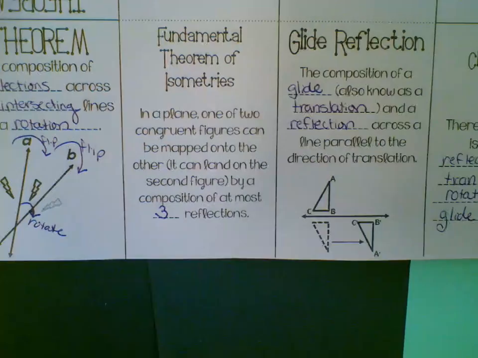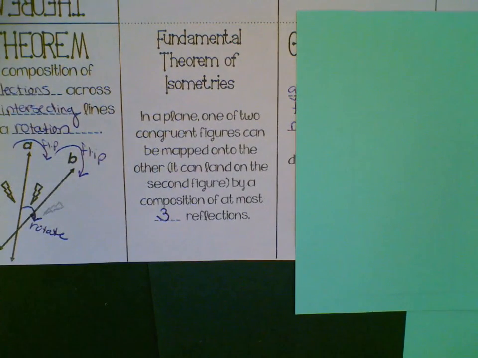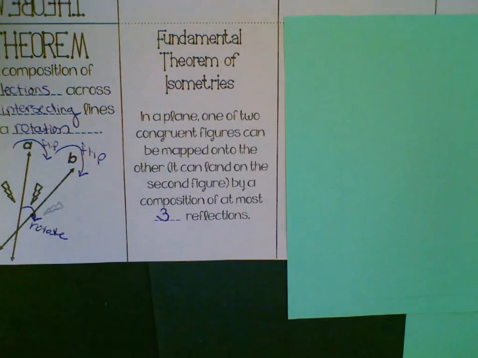Okay, so this fundamental theorem of isometries is saying that if you have any kind of isometry, which remember is a transformation that makes congruent figures, so basically anything but a dilation, then we can do this by reflecting at most 3 times.